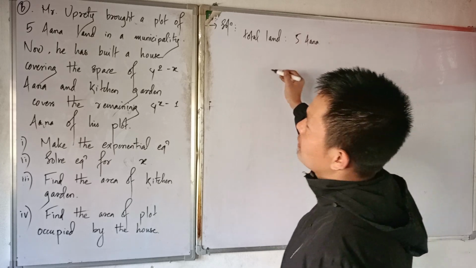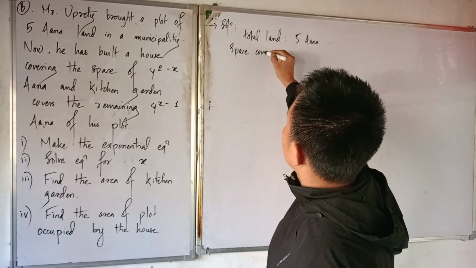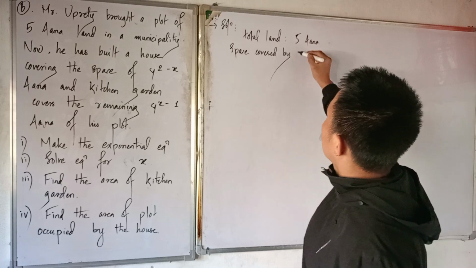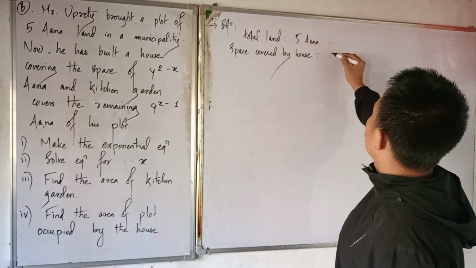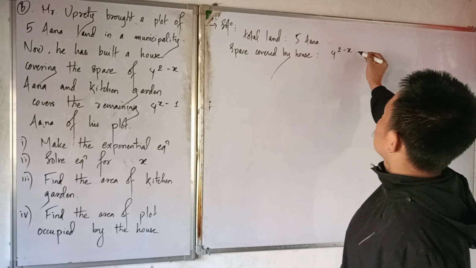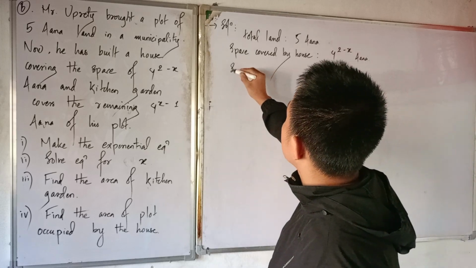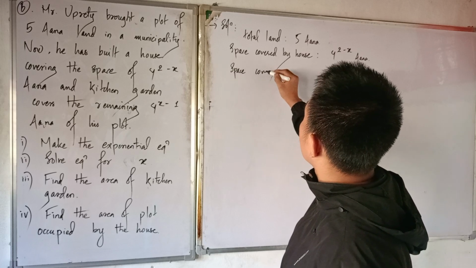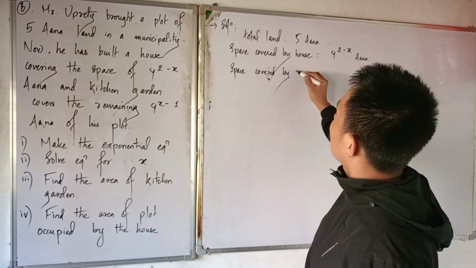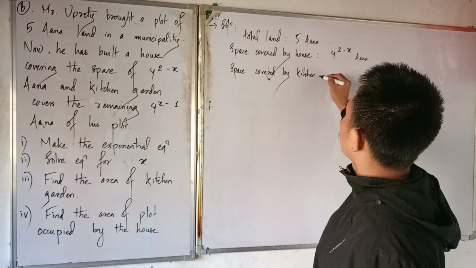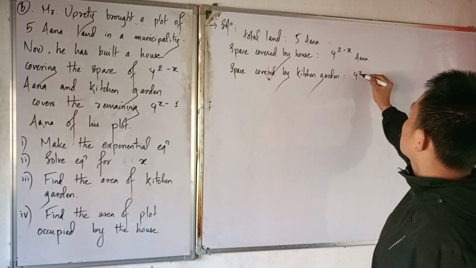In this total land, the space covered by a house, which is the area of the house, is 4 power 2 minus x ana, and the space covered by the kitchen garden is 4 power x minus 1.